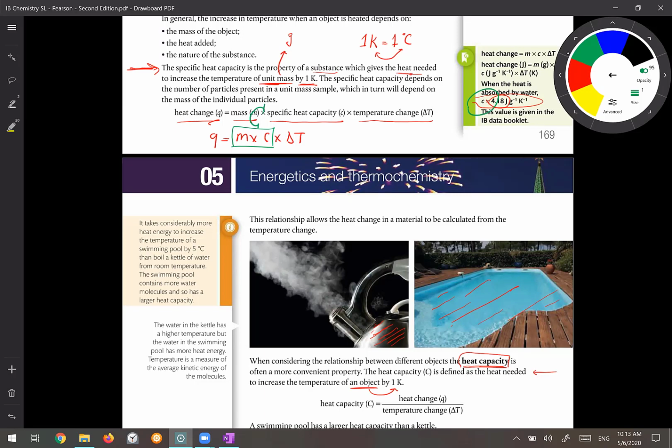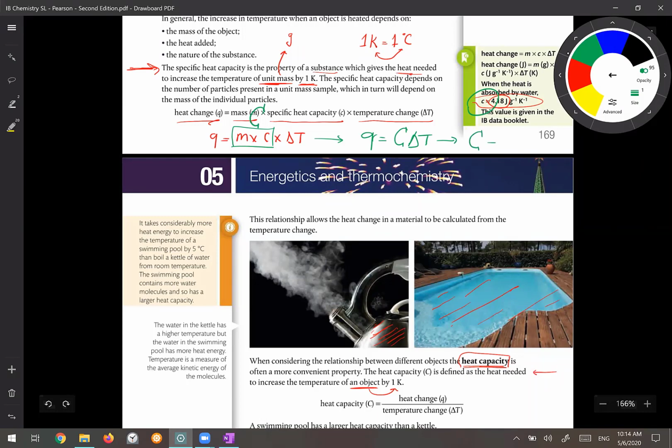So that's why if you want to rewrite this equation based on the heat capacity, you can write the amount of heat is heat capacity times temperature change of that substance. And if you want to find the heat capacity, you can just rearrange this equation.